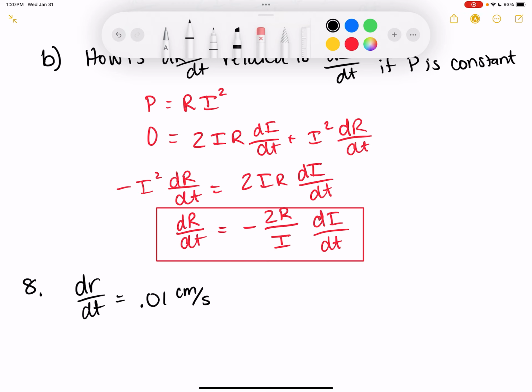When the radius is 50 centimeters, that means r is 50 centimeters. And they want to know at what rate the area is increasing, so that's what we call dA/dt.